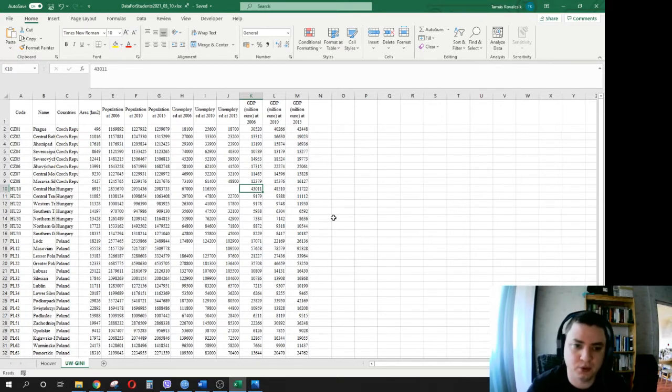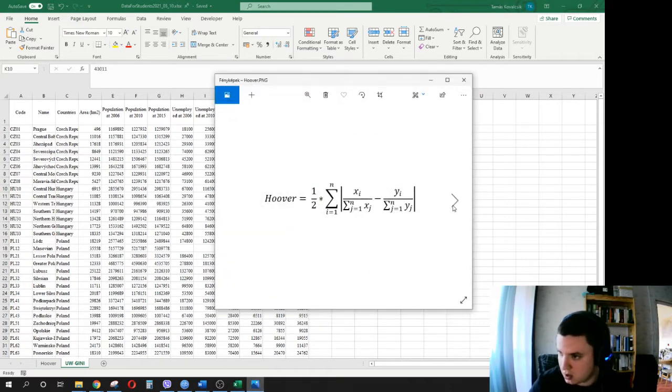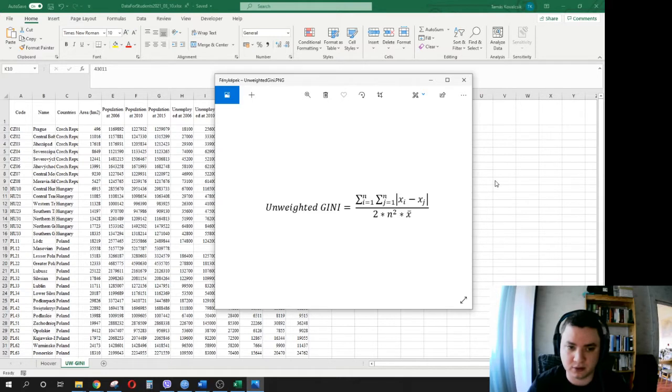I want to introduce you to the unweighted GINI index. Here is the formula for the unweighted GINI.